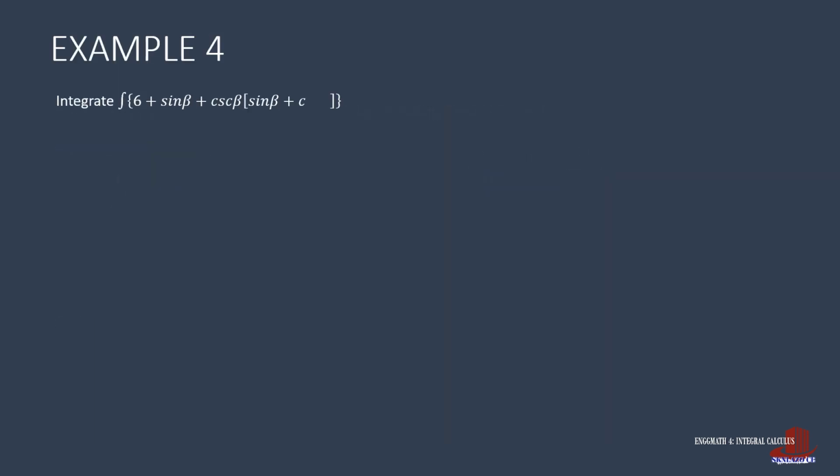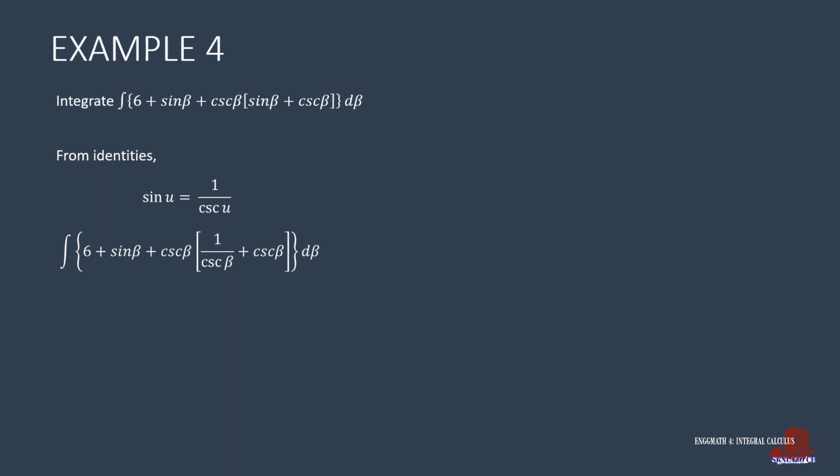The next example includes the integral of 6 plus sine of beta plus cosecant of beta times the quantity of sine of beta plus cosecant of beta times the derivative of beta. Take note from basic identities that sine of u is the reciprocal of cosecant of u. Plug this into the quantity to simplify the last term.